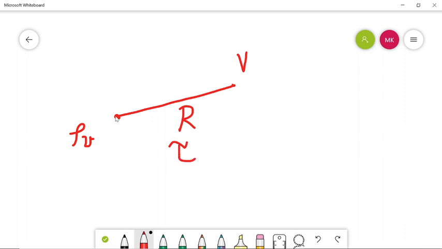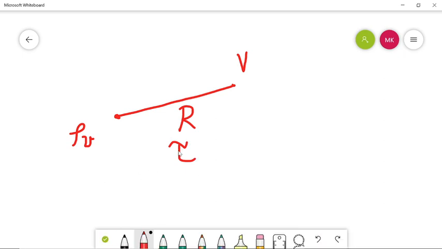The effect will be seen here after a certain time. You will not get the variation in V at the same moment as we change rho v here, but this effect will propagate from here to here, and it will take a certain time tau.